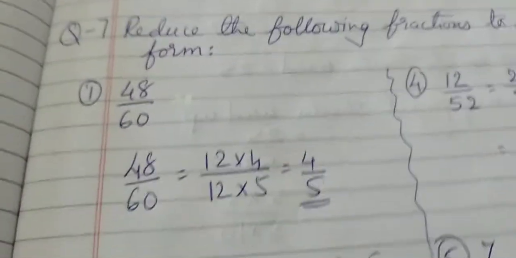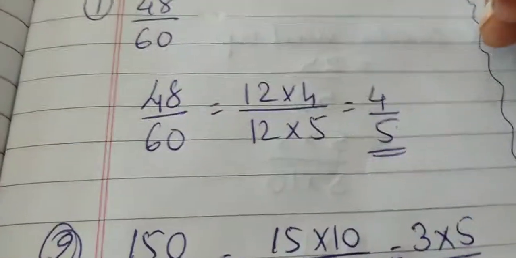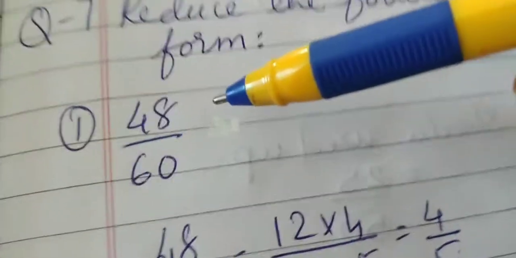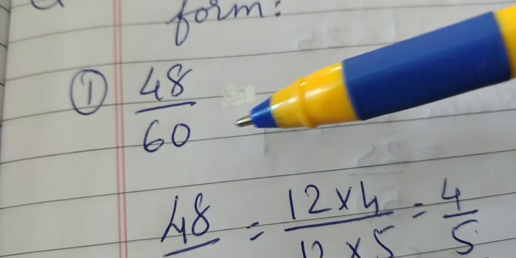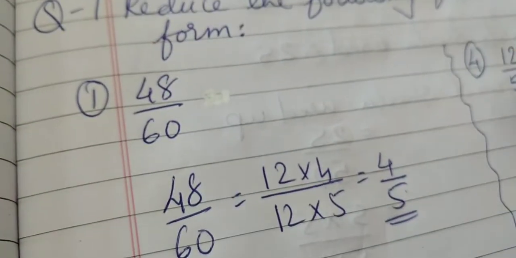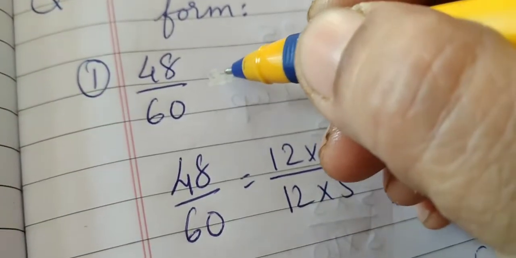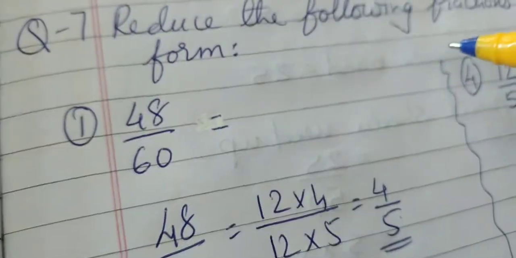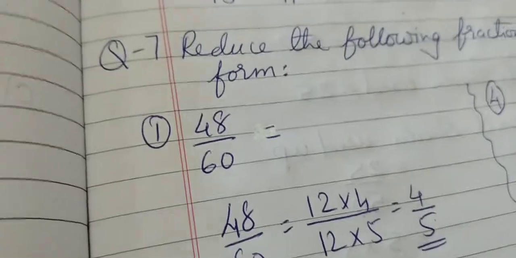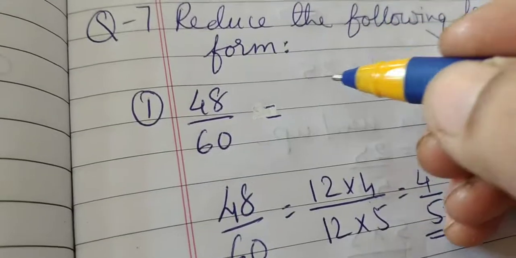There is another way of solving. You just prime factorize 48 and prime factorize 60. Whatever common you get, you just cancel it. Like this you can do. I'll show it. Prime factorize 48.